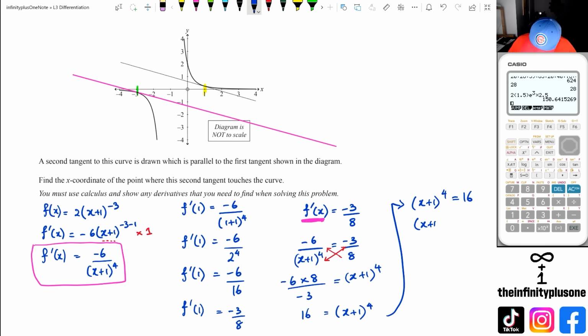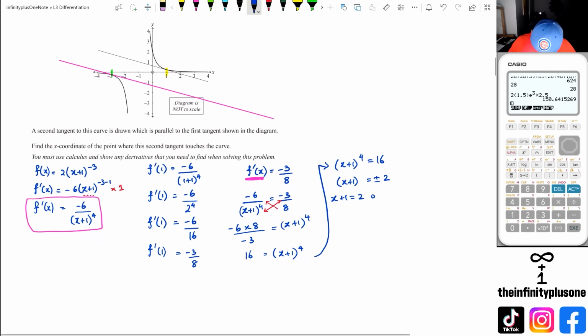So carrying on, I've got (x plus 1) to the power of 4 equals 16. Now the fourth root of 16 can be plus or minus 2. So my first answer is x plus 1 is equal to 2, and my second answer is x plus 1 equals minus 2.